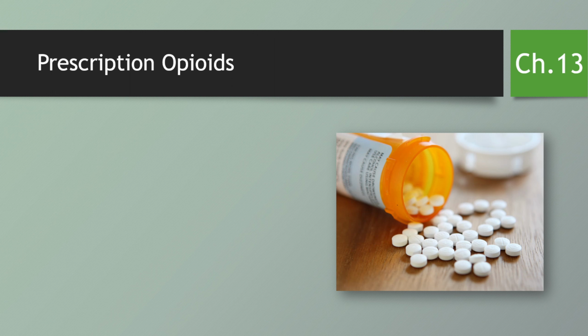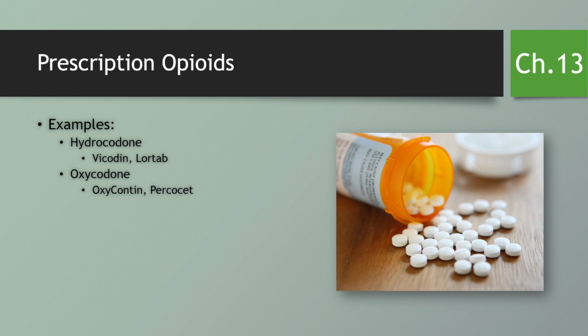So, of course, we have opioids that come in prescription form as well. We talked about the heroin side of things, but now let's talk about some of the prescription forms of opioids. Some examples are hydrocodone, with typical names like Vicodin or Lortab, and also oxycodone, so OxyContin and Percocet are examples as well. This is a pretty prevalent thing and has been for a little while here in the U.S. We see similar trends to the opioids before the Harrison Act.